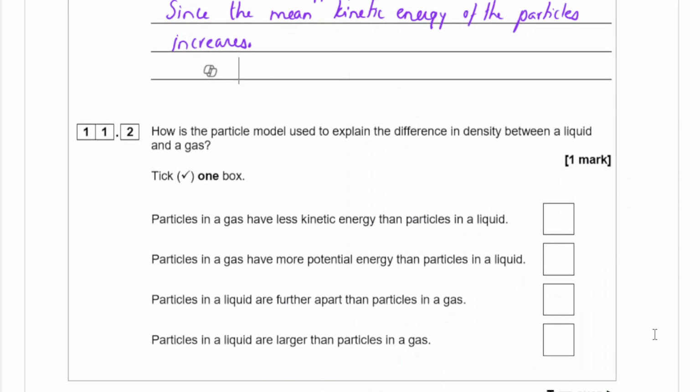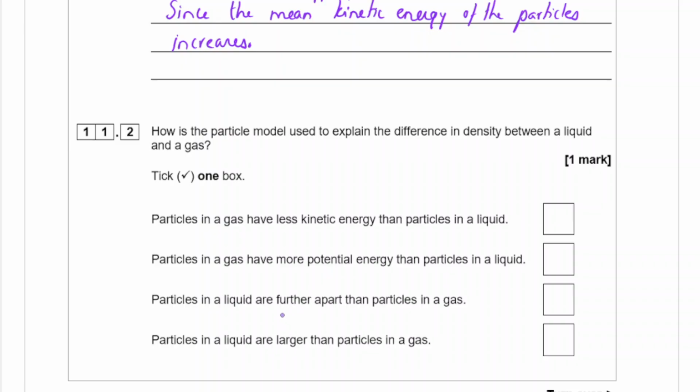How is the particle model used to explain the difference in density between a liquid and a gas? Particles in a gas have less kinetic energy. No, that's wrong. Particles in a gas have more potential energy than particles in a liquid, maybe, but it doesn't actually help with density.